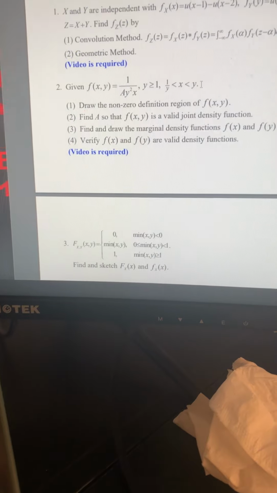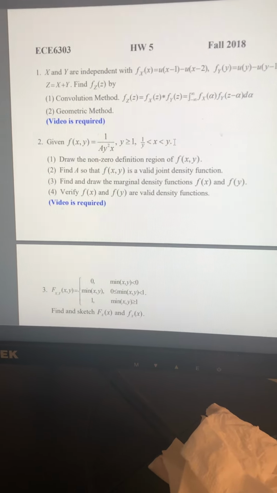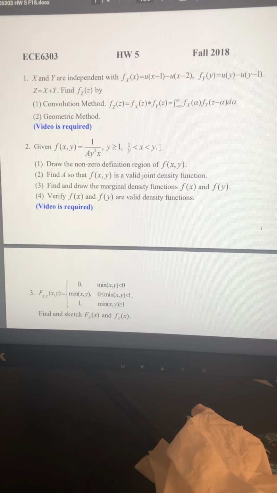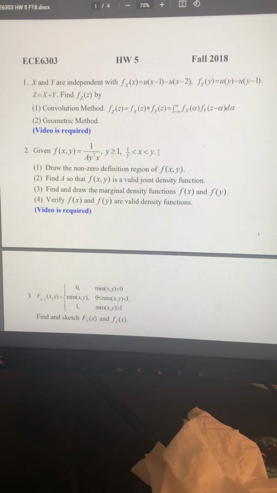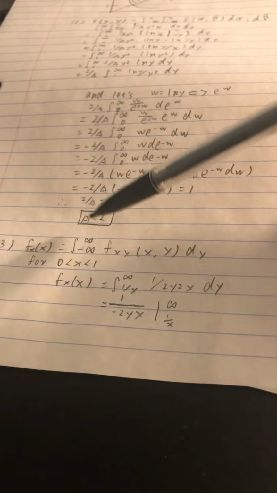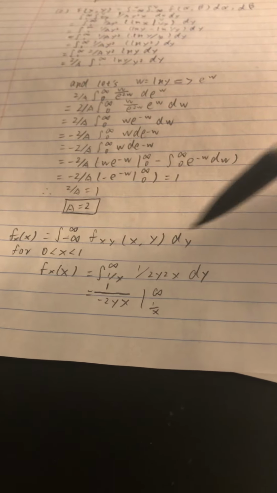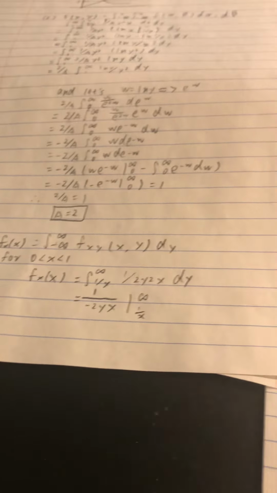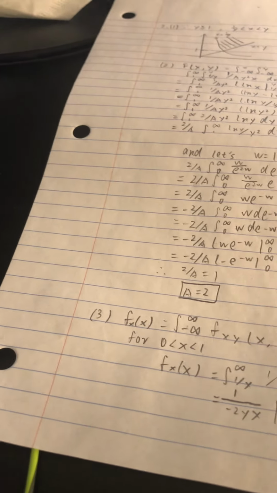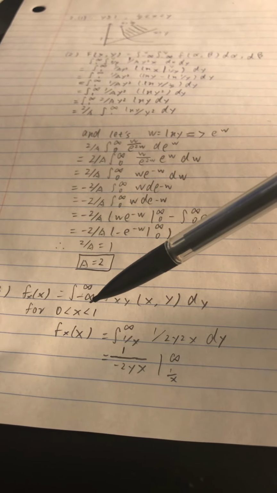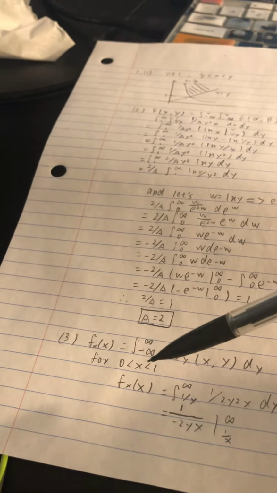And for question 3, it's asking to find and draw the marginal density function of x and y. First, we list out the integral for x and y. For x, there are several situations, not only 3.